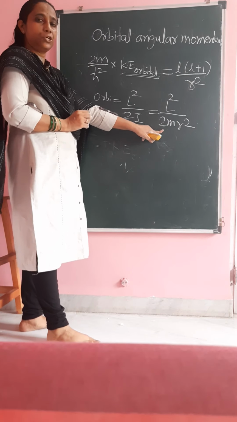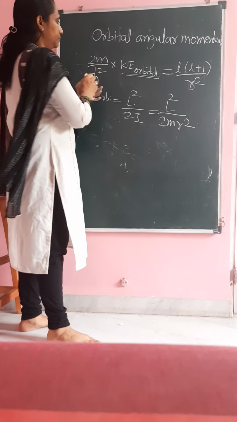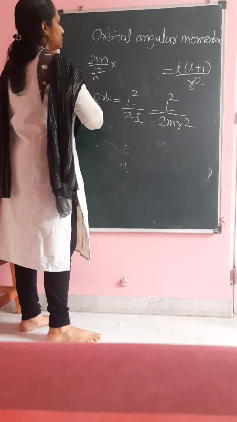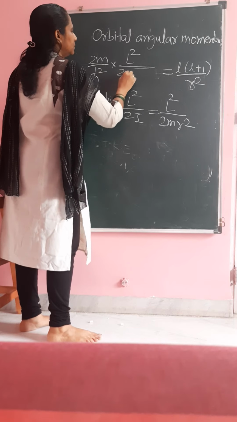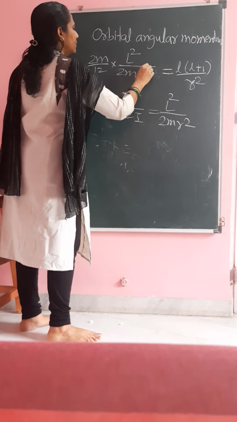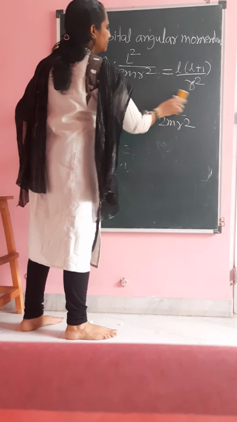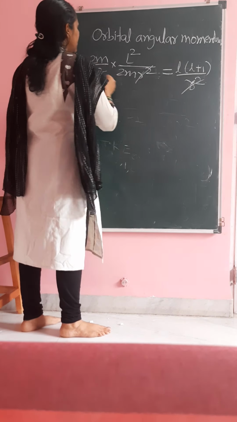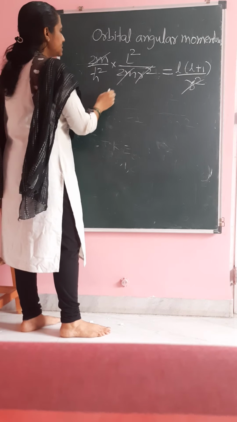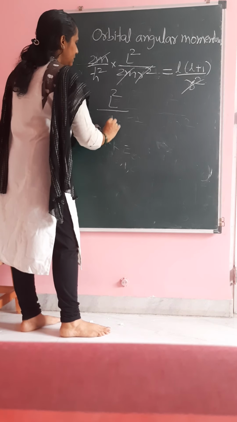So I am going to substitute this term over here. So it is into L square upon 2 m r square. Now you can see this r square will get cancelled, this 2m will get cancelled. What we'll have is this.